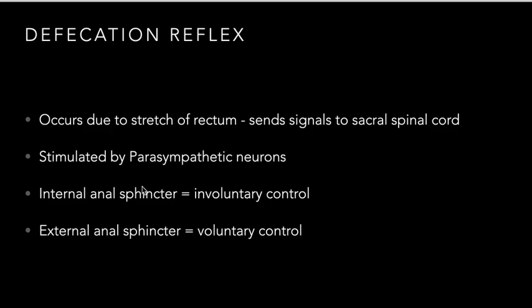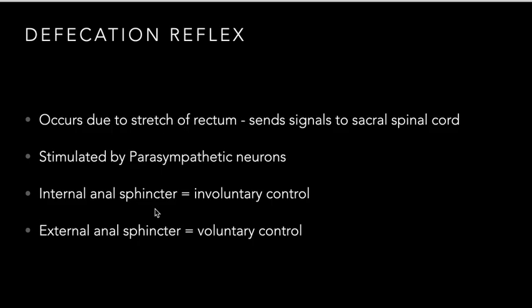Again, voluntary and involuntary. So we have a lot of nervous system crossing here, right? Normally something's involuntary or voluntary. You can choose to do it or you can't. We're going to have two muscles very close to each other. One, the internal one, is under involuntary control, being controlled by this parasympathetic nervous system response.